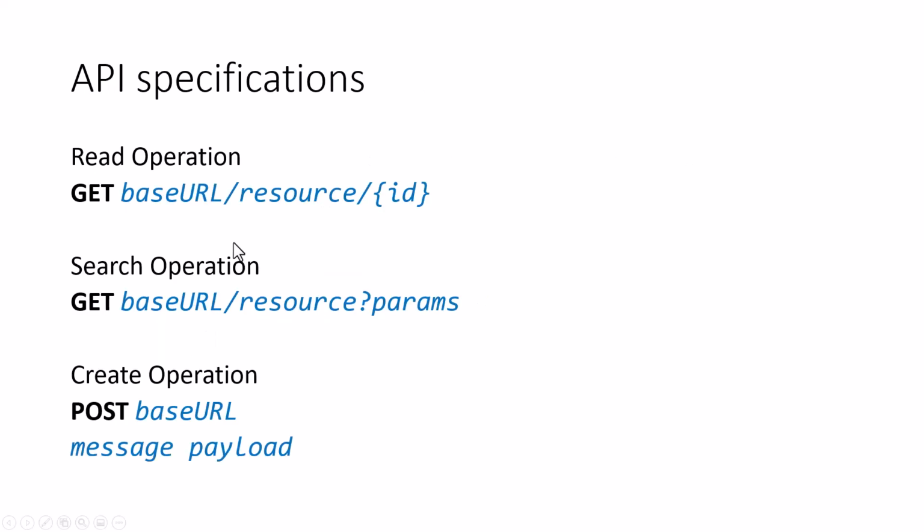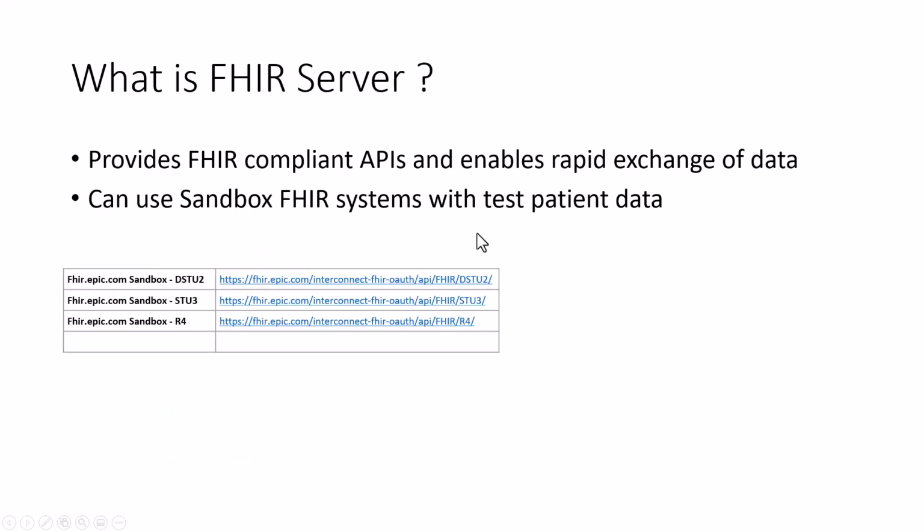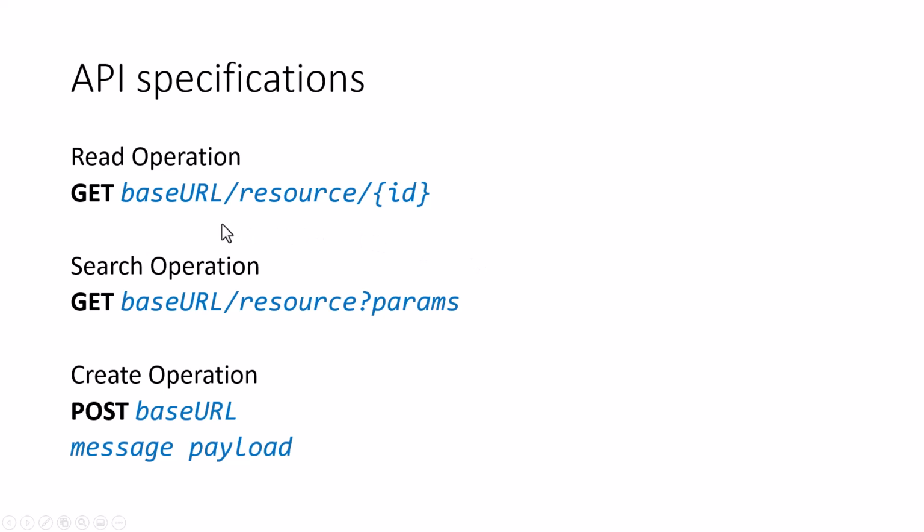Now, API specifications. The way you access the resources on the FHIR server is by making RESTful calls. This is probably very familiar to you. If you have to do a read operation, this is fairly straightforward. You do a GET, so you have the base URL for the sandbox system, or maybe the production system.